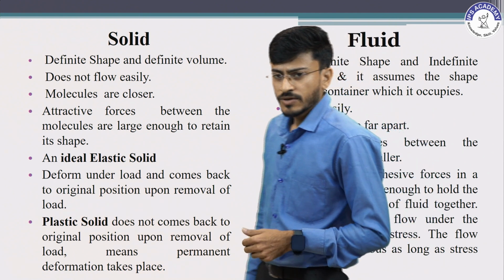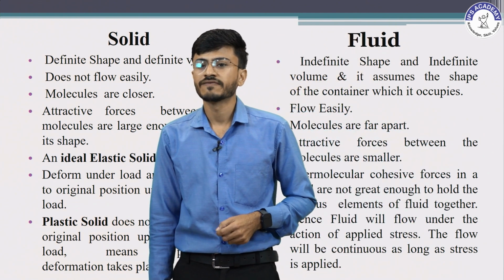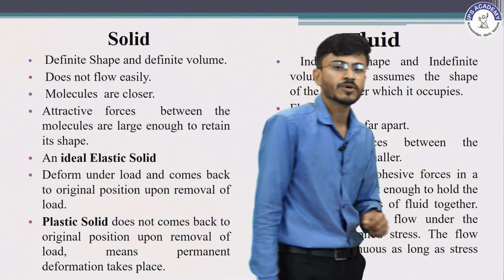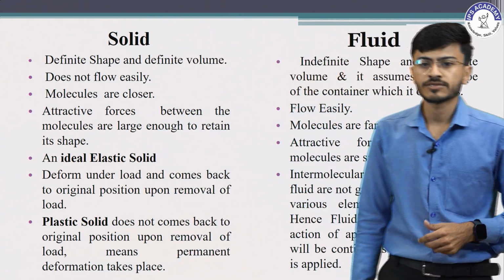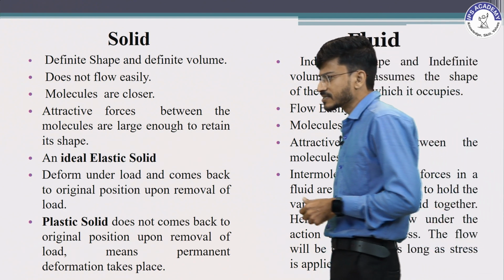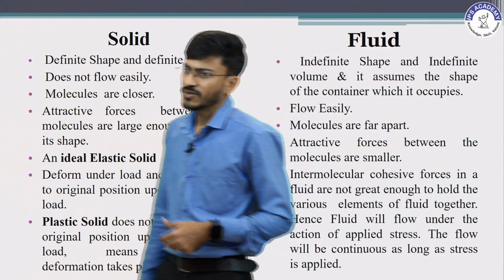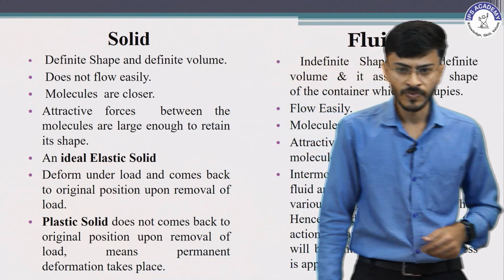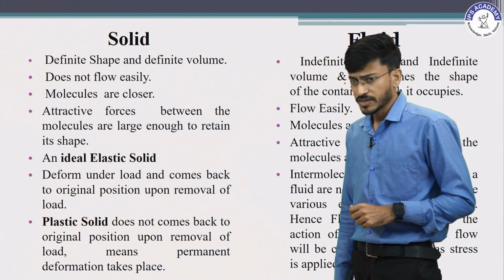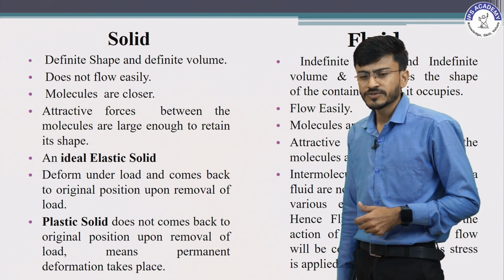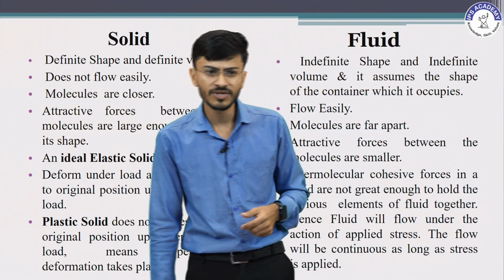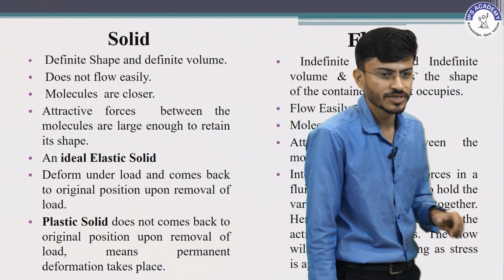Fluids are of indefinite shape and indefinite volume. A fluid assumes the shape of the container which it occupies, and it flows very easily. If you apply some force, or a very negligible force, it will continue to flow. The molecules of a fluid are very far apart with respect to a solid. In solids, the molecules are very close together.